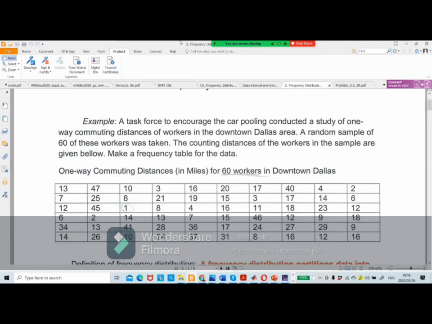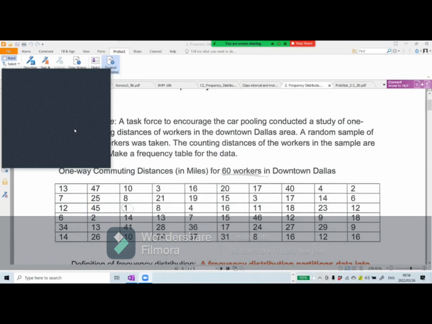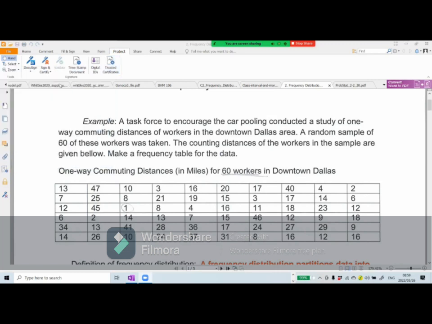The commuting distances of the workers in the sample are given below.